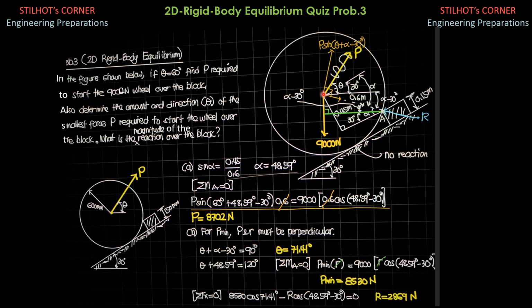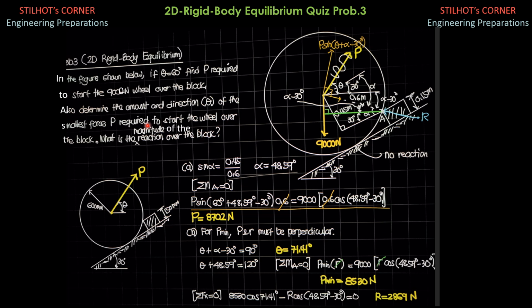This time, this P is P minimum, and this is the moment arm R. So P minimum times R equals the moment of the weight of the wheel, 9,000 times radius times cosine of alpha minus 30. Solving for P minimum, it is 8,530 newtons, and it should be expected to be lower than that value. So that's the minimum P so that the wheel can start over the block.